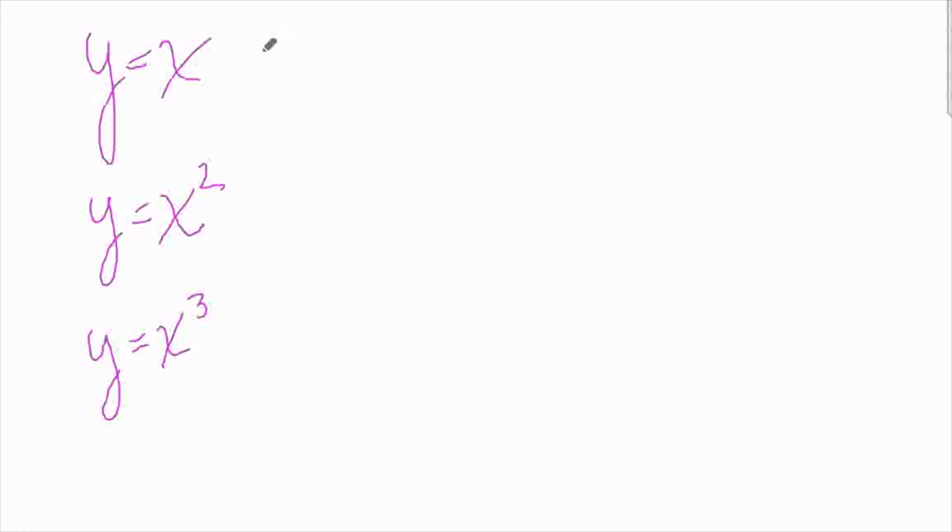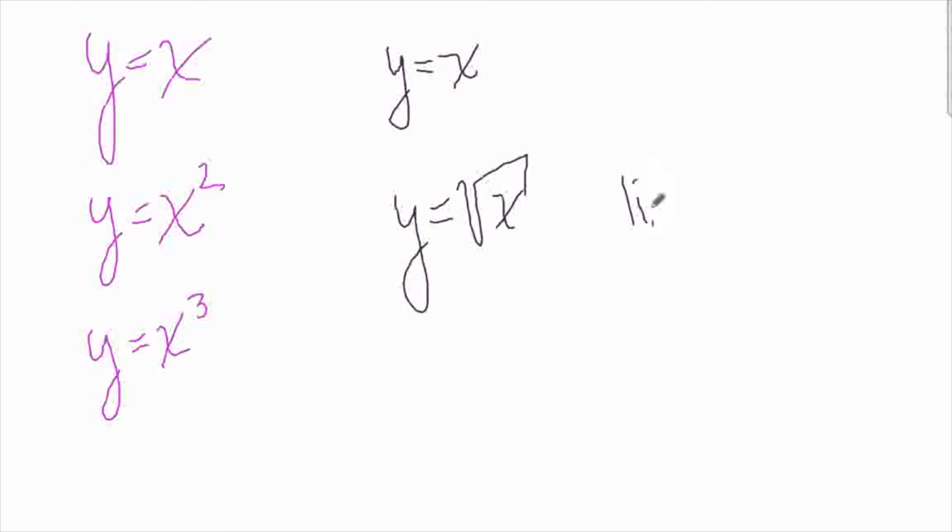So the first one, the inverse is itself, surprisingly. Okay, so that's the inverse. The second one, the inverse is the square root of x, but that one has a limited domain. The domain and range are limited, so you can't take the inverse of the entire parabola. You have to be happy with just taking the inverse of half of the parabola.